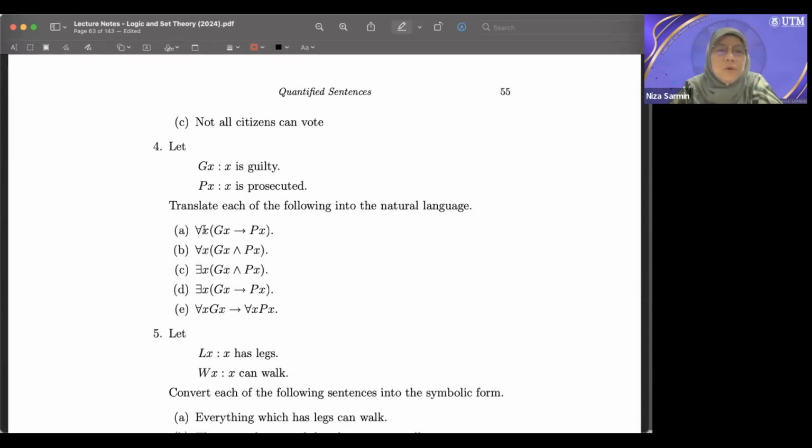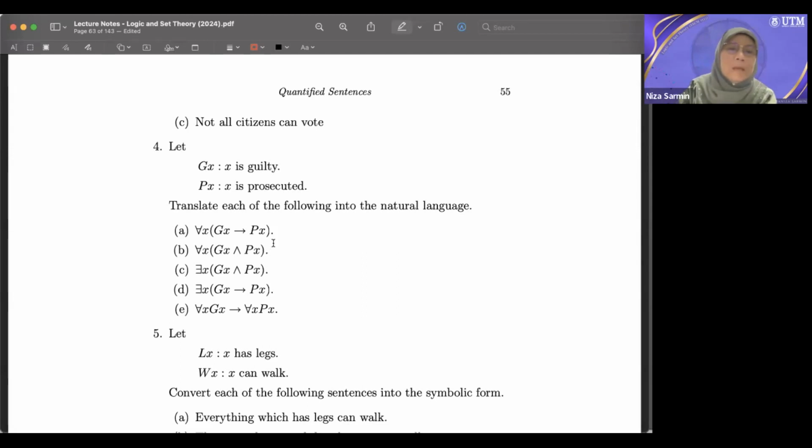So for all X, if X is guilty, then X is prosecuted. Okay. But again, to make it more natural, everyone who is guilty will be prosecuted.